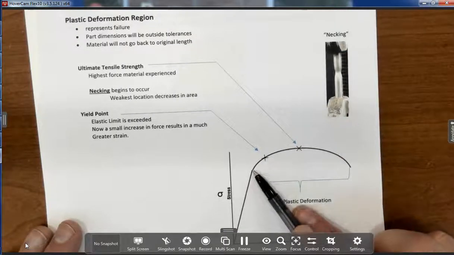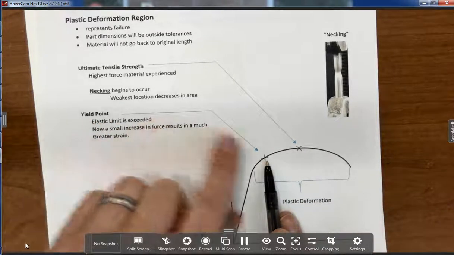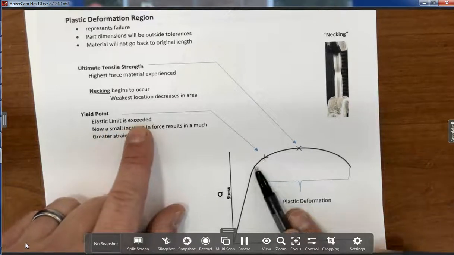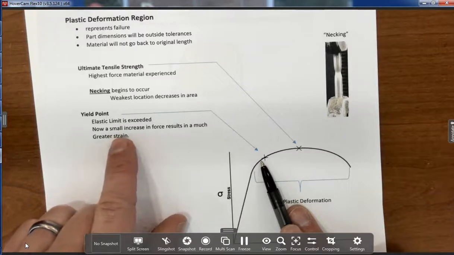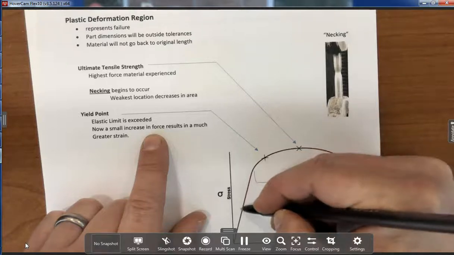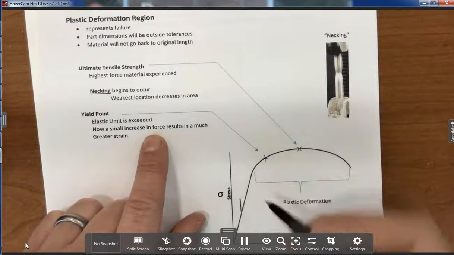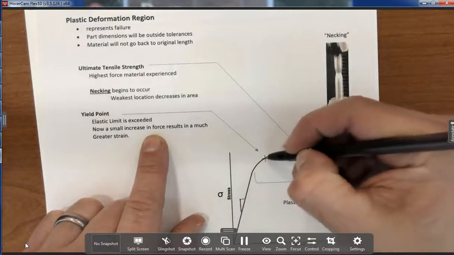Okay, so within this region, we have a couple things to point out. As we're loading it and experiencing more and more stress, let's talk about this one first. It's the yield point. The elastic limit has been exceeded, so we're definitely past it. At this point, a small increase in force, so increase in force would be this way, vertical, right? More stress results in more strain, right? But the ratio at this point is different.